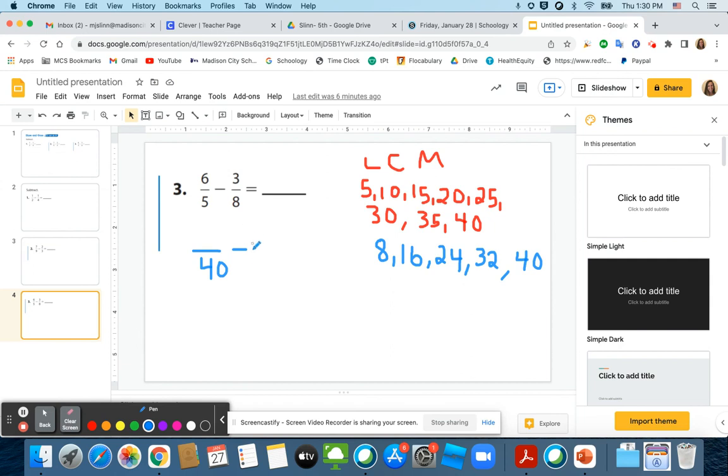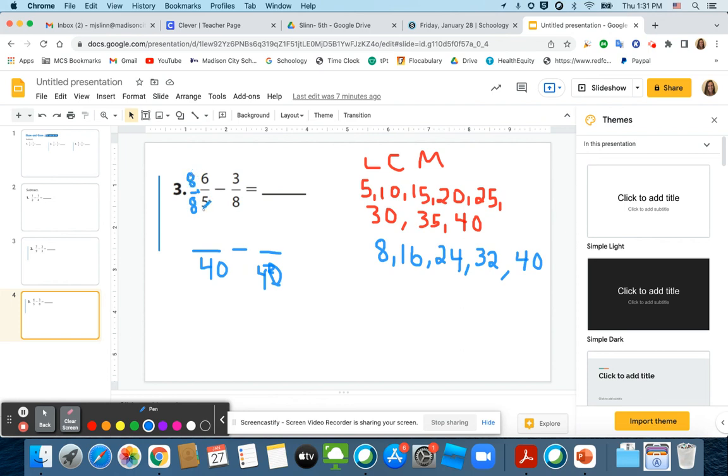We're going to convert 3/8 to some fraction out of 40. Whoops, I messed that up. Apologies. That should be a 40. Okay, so I have to ask myself, what can I multiply times 5 to get 40? 8.